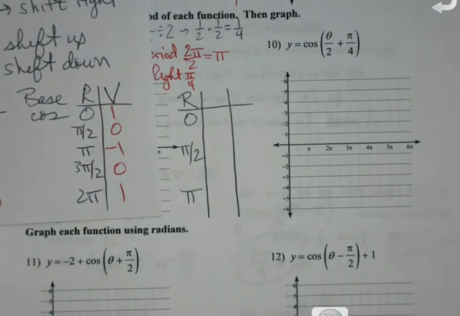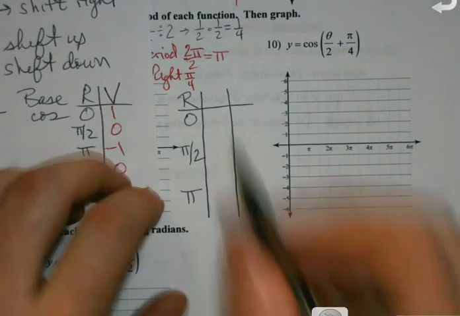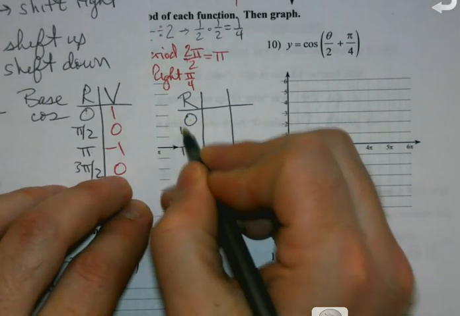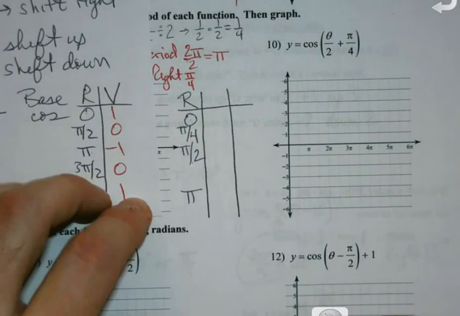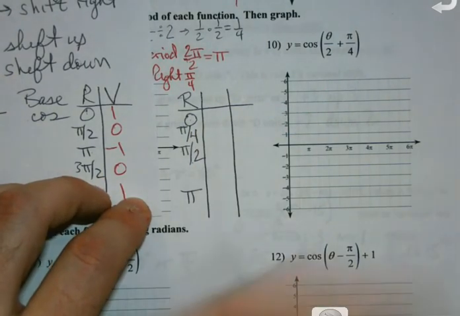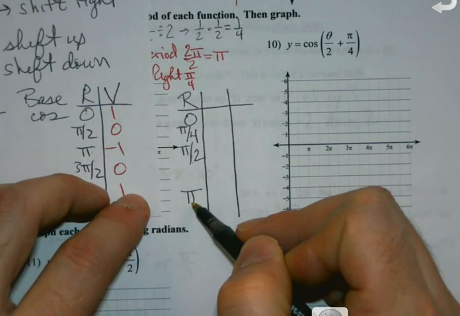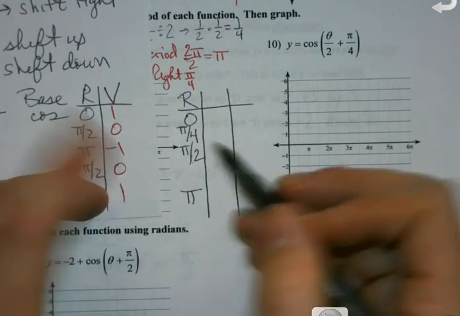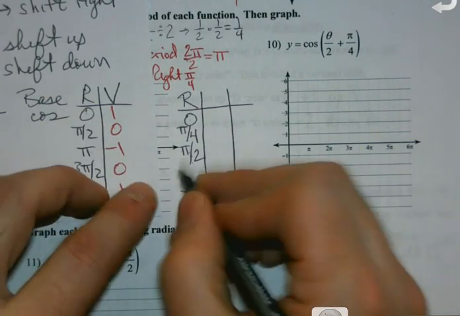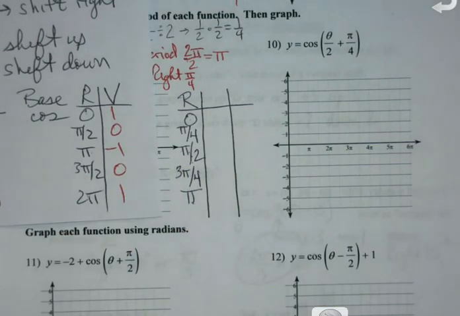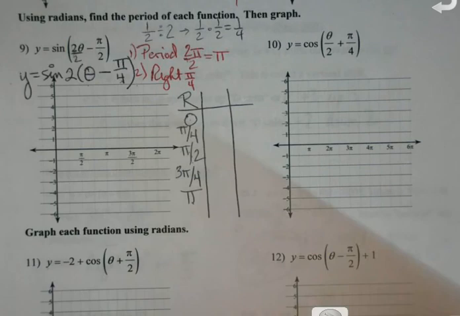Then start thinking about just what's in the middle. What's in the middle of 0 and a half? Okay, 1/4, or pi over 4. What's in the middle of half and a whole? 3/4, or what's in the middle of 50 cents and a dollar? 75 cents, or 3/4 of a dollar. Don't let fractions intimidate you.